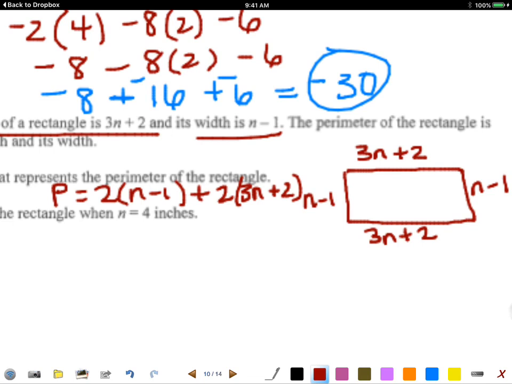You could do another thing. Well, you tell me. Anybody know another way we could write it? That's what we've pretty much been writing today. But does anyone see another way we could write an expression that would represent the perimeter of that rectangle?